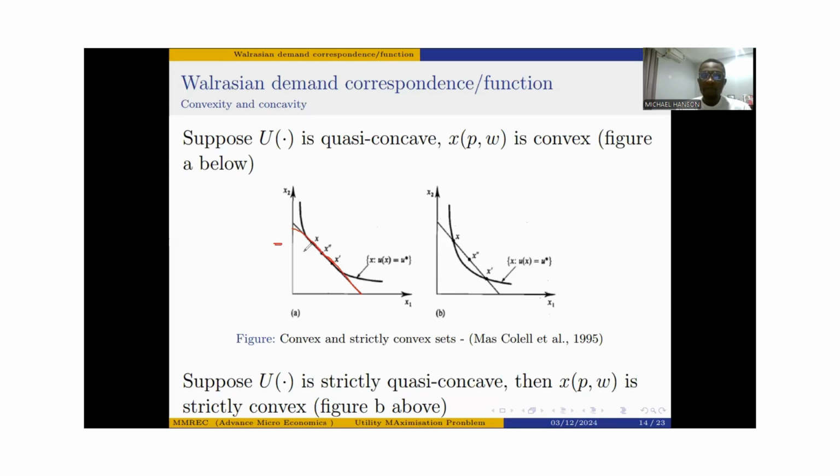So we are having multiple solutions from here, multi-value. So the demand that will be derived from here is going to be a multi-valued demand. But take a look at this diagram. This is one solution. This is another solution. But take a look at this one. This is only affordable, single value.